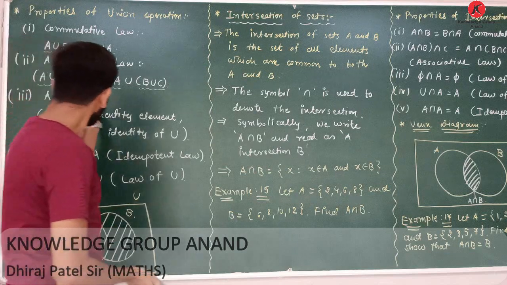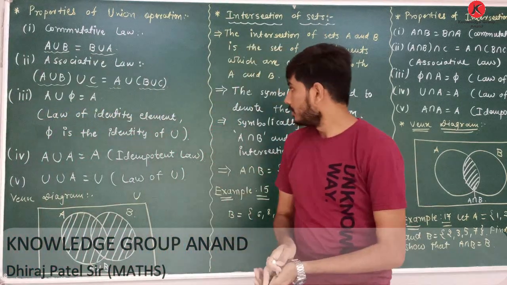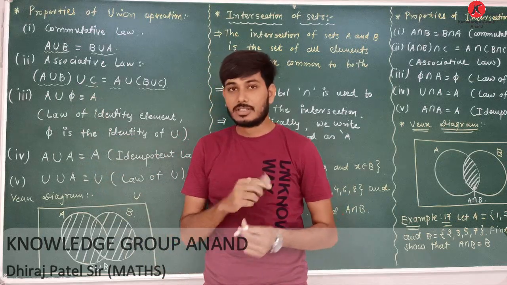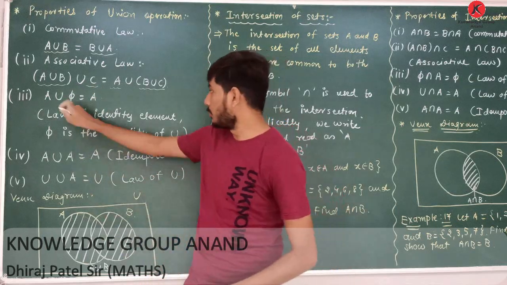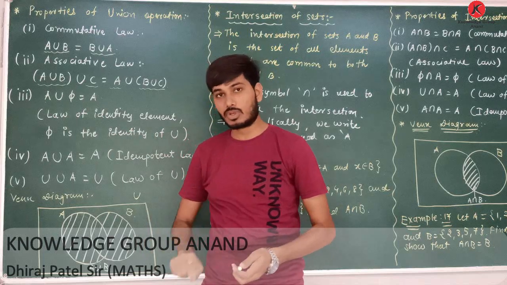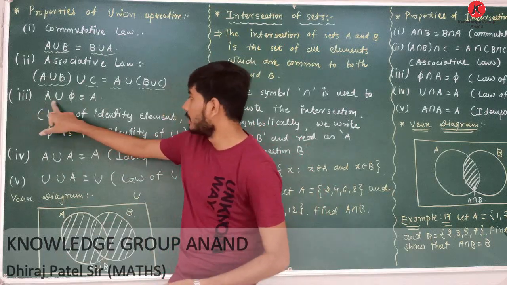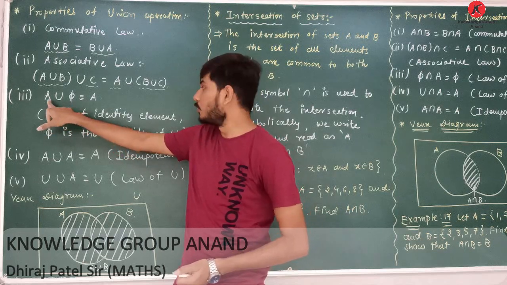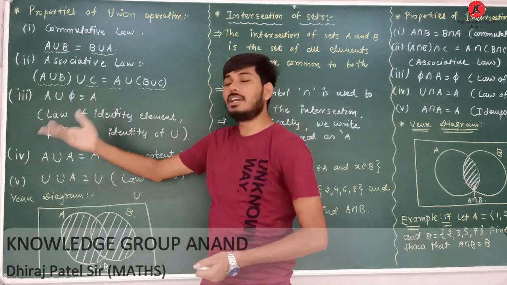Okay, next one, the third law, A union null set. The null set has no element, and for the union operation with set A, we have to write all the elements of set A as well as all the elements of set phi. Therefore, we are getting set A itself.